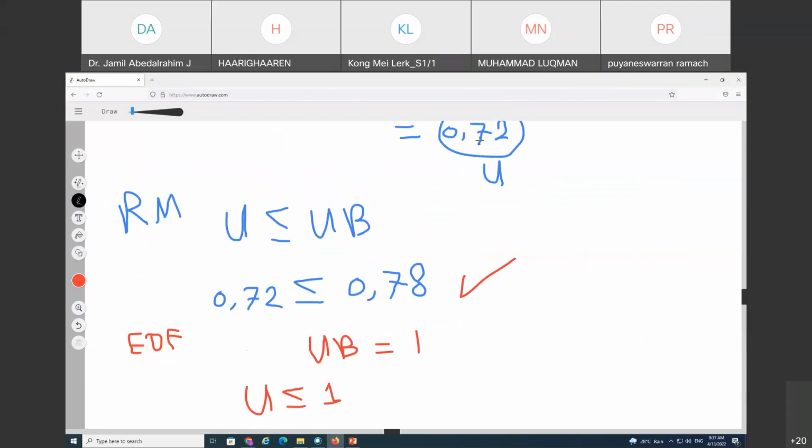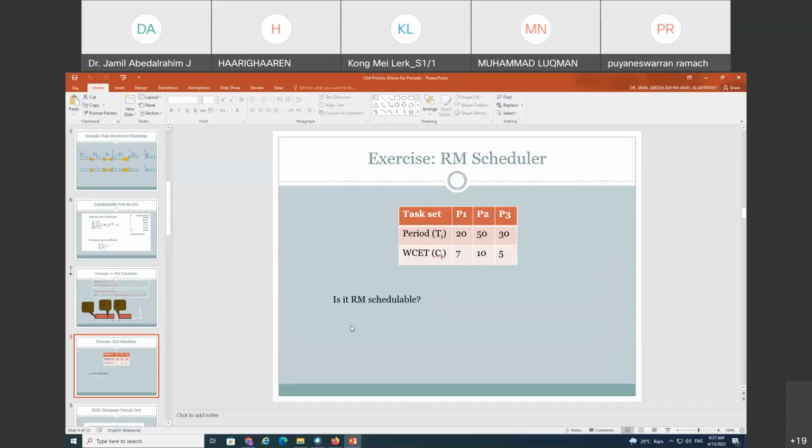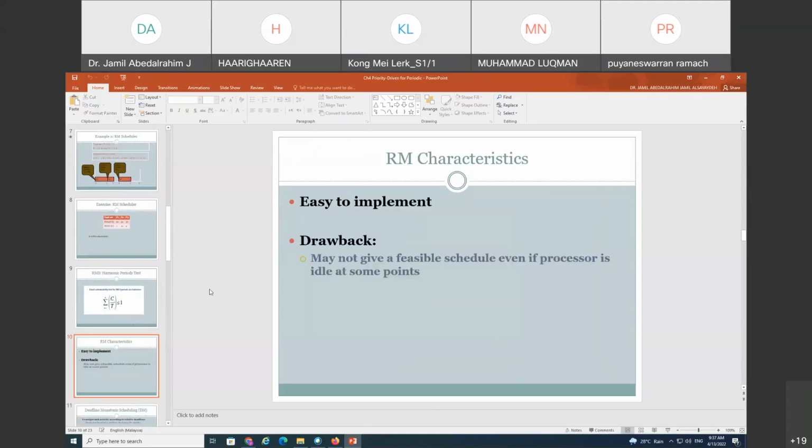What's the utilization? 0.72. Is 0.72 equal or less than 1? Yes. So this question is schedulable for both types of algorithm, which are rate monotonic and EDF, earliest deadline first.